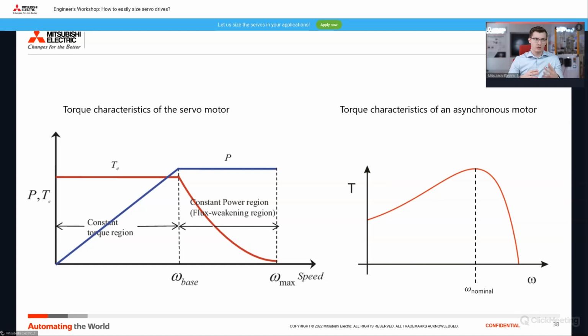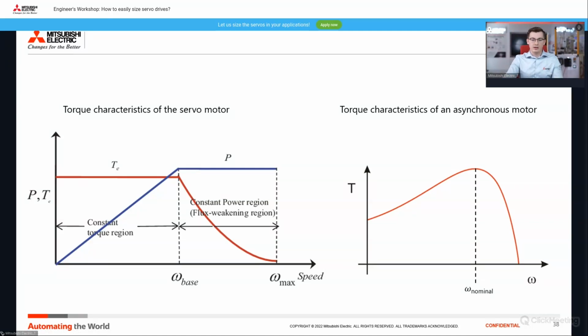In the case of servo drives, of course, gearboxes can be used, for example, to raise the torque, but we don't need to raise the speed of the motor, because this torque is constant. For the asynchronous motor, it could be the case, because their characteristic is designed in this kind of way.